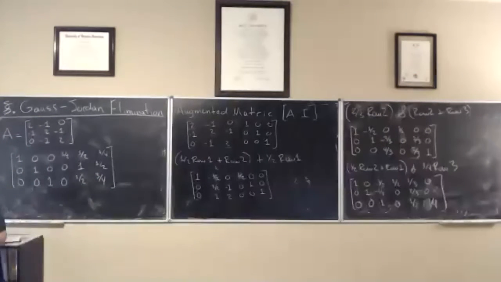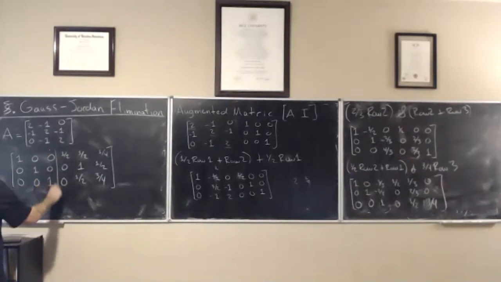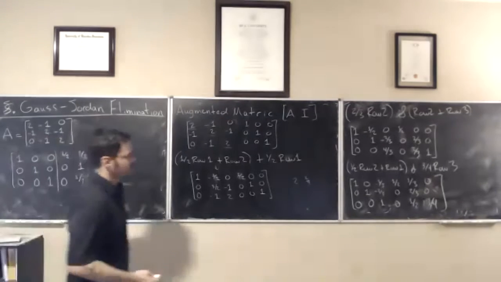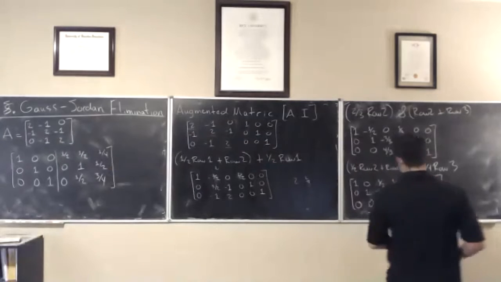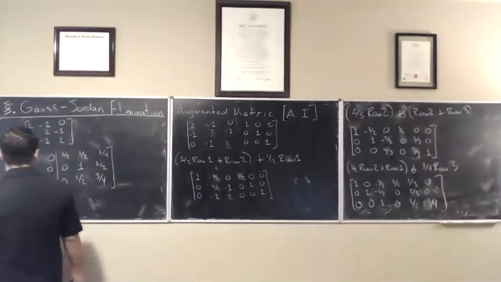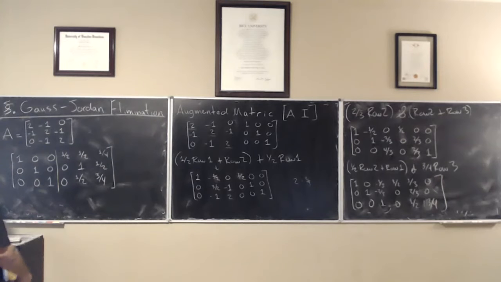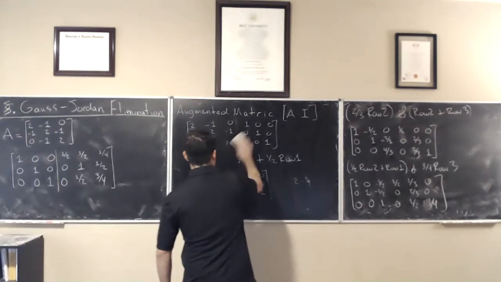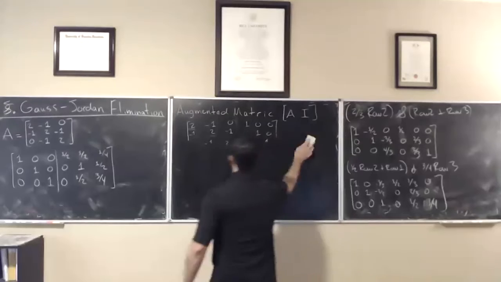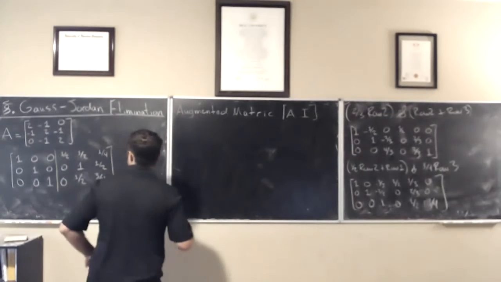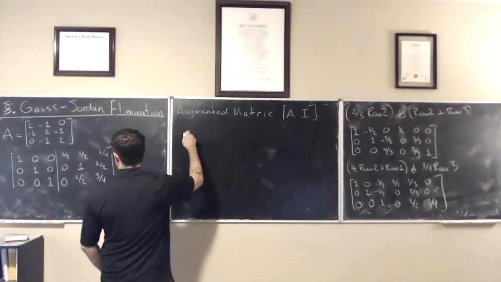All right, so this block right here is now the identity, which means that through these operations, this has produced the inverse. And we can verify that right now. So let's just do it.